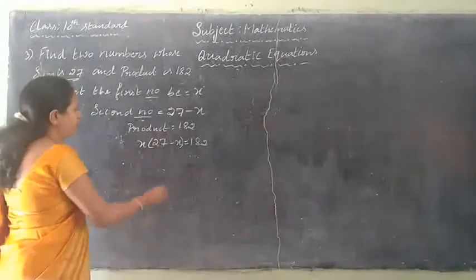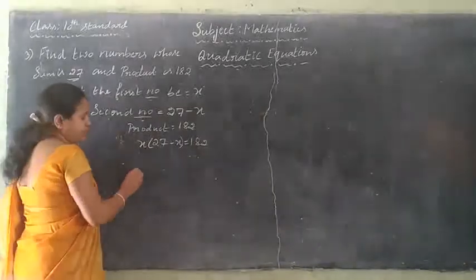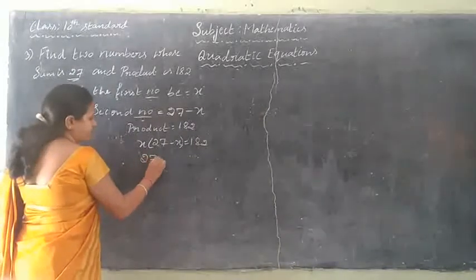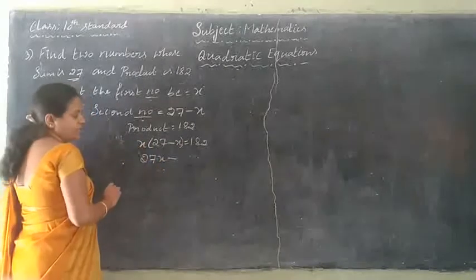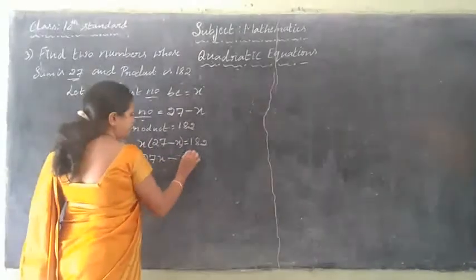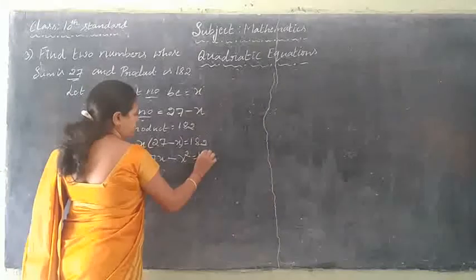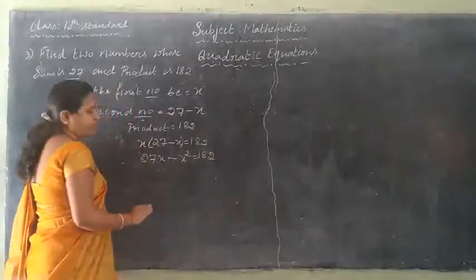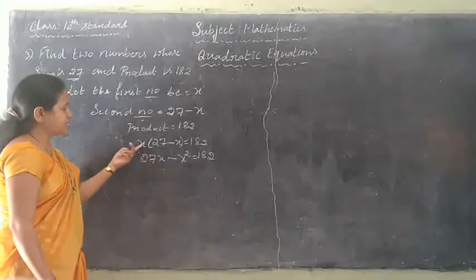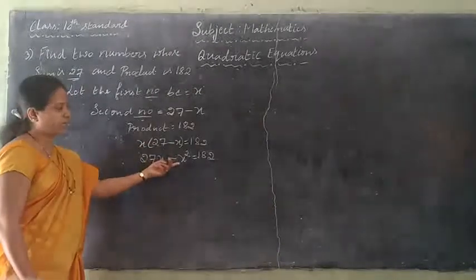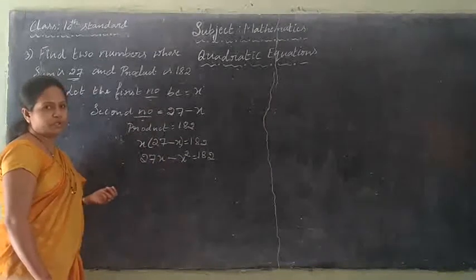Now multiply 27 into x. What are you going to get? 27x minus x into x, which is x square. Got it? 27 into x is 27x. In the same way, x into x is x square, equal to 182.